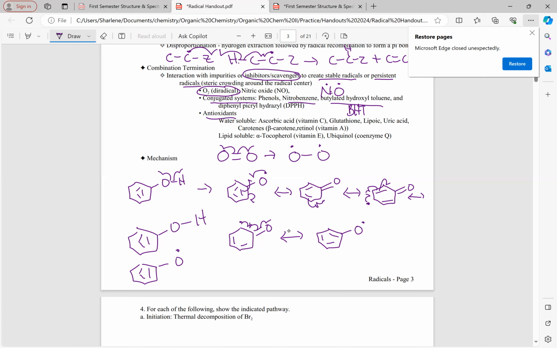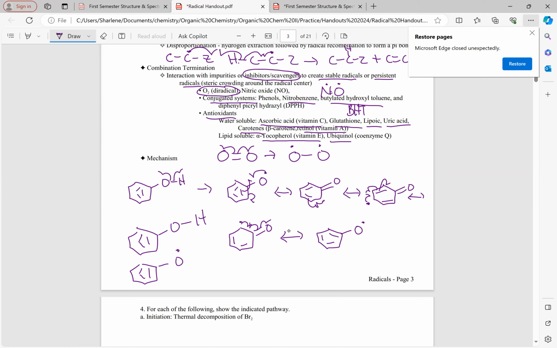The water soluble ones are ascorbic acid, glutathione, lipoic acid, uric acid, the carotenes, specifically beta carotene, and retinol, vitamin A. And if it's lipid or fat soluble, the tocopherols, which is vitamin E, and coenzyme Q, ubiquinol.